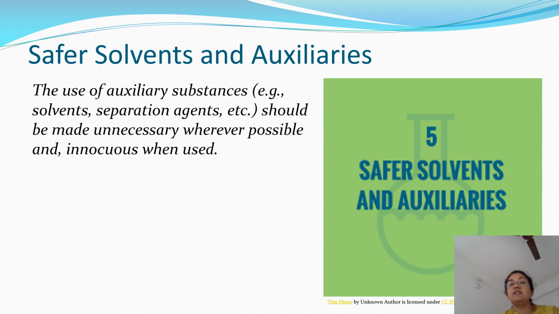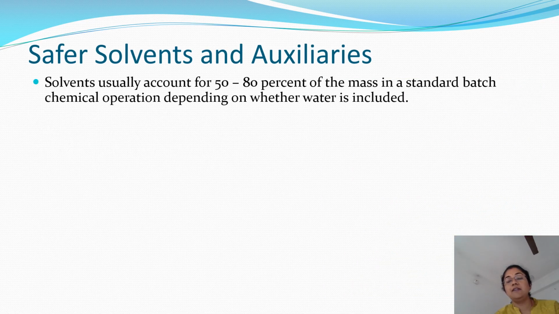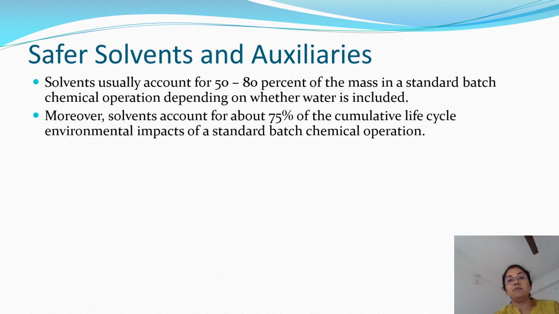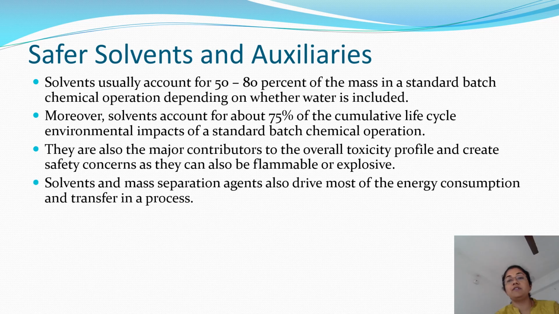The use of auxiliary substances, for example solvents and separating agents, which are often used in synthesis, are usually very reactive and toxic in nature. So we should avoid them. We should avoid steps in the synthesis which require these kinds of solvents. Without solvents, carrying out syntheses is quite impossible. Around 50 to 80% of the mass in a standard batch chemical operation depends on whether water is included or not.